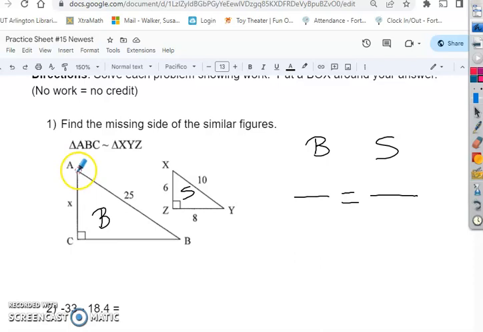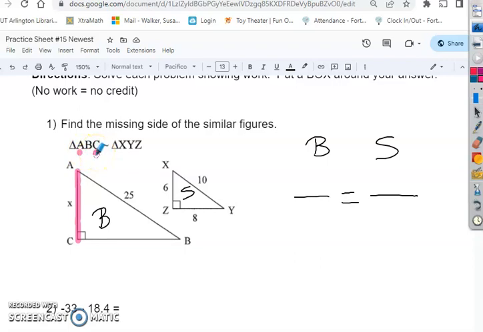What I see here is I need X. So I'm going to highlight that side that has X, which is AC. I'm going to put a dot under A and C, the first letter and the last letter.